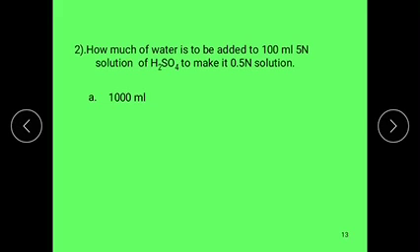This is converted into 0.5 N concentration, the dilute concentration. Then using N1 V1 equal to N2 V2, we get the V2 value, and subtracting the 100 ml of 5N solution, we get the answer: 900 ml.